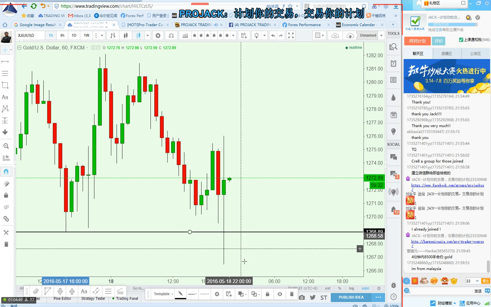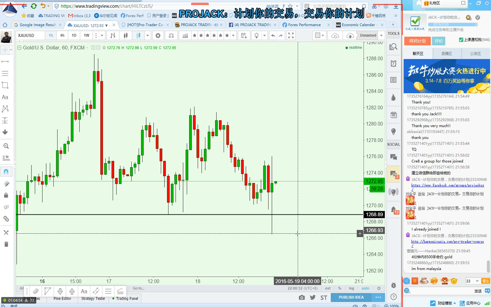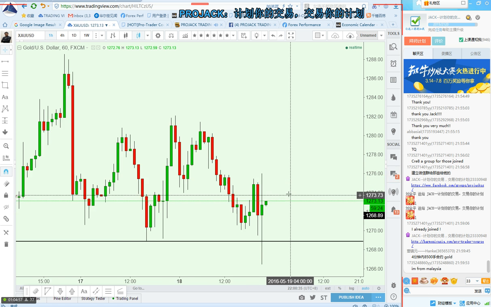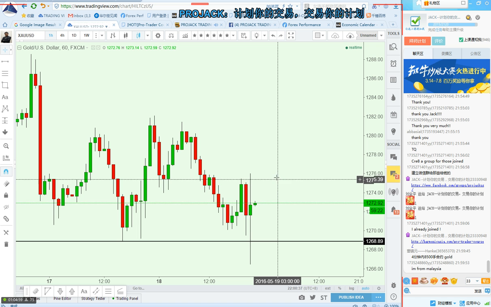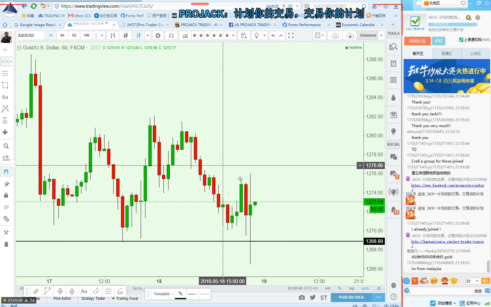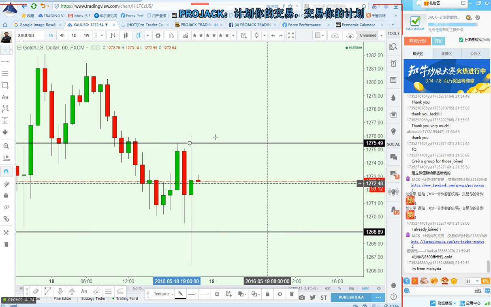Firstly, it goes all the way back to 1266, and the tail is so long, so there's a buyer at this level, trying to make a higher high, trying to break the previous resistance at this level, 1265, but it failed.